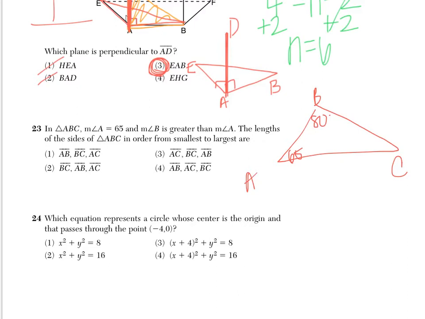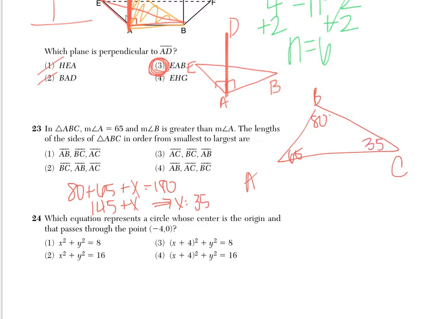So I chose 80. And then that would mean that 80 plus 65 plus x, that's 145 plus x, would have to add to 180. So x equals 35. C is 35.